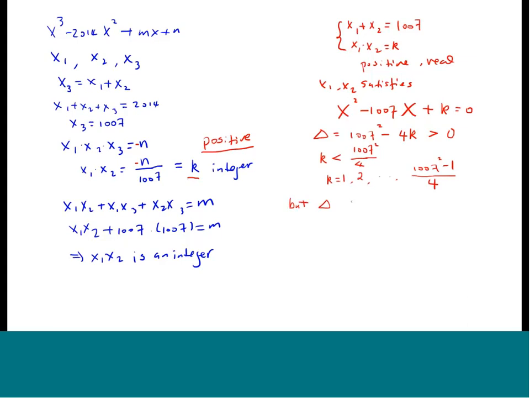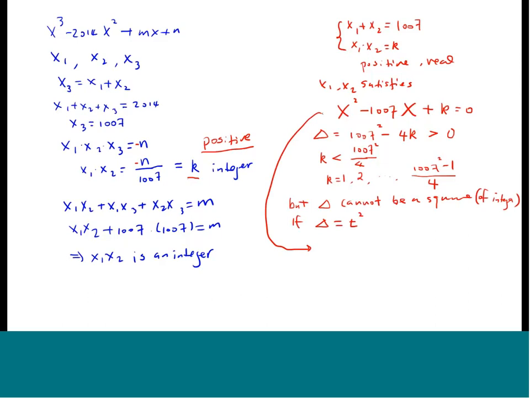But delta cannot be a square. Okay? Why is that? If delta is some kind of square, I mean a square of an integer, right? Okay. Why? If delta is some square, you have solved that equation.